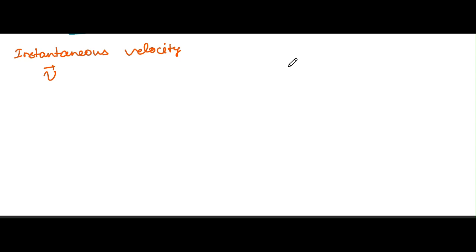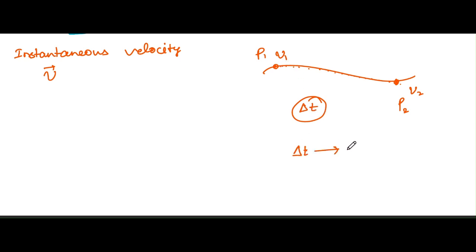So let's say, if from here to here the time interval is delta t, we can reduce this time interval and we will move back to point t1.